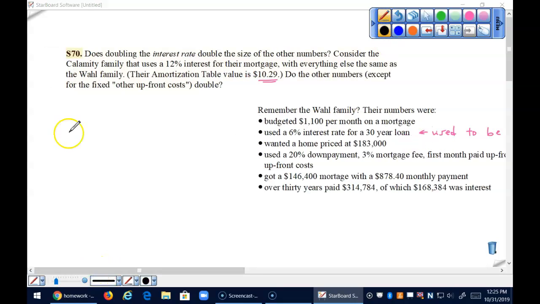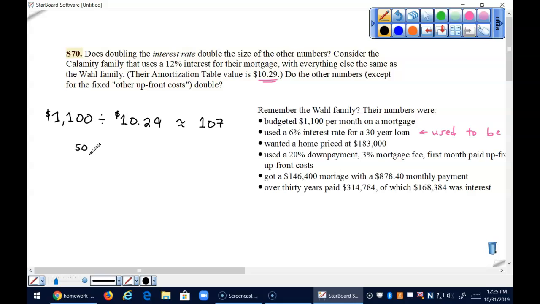So for that first step, if we do our division just like before, we get about 107.